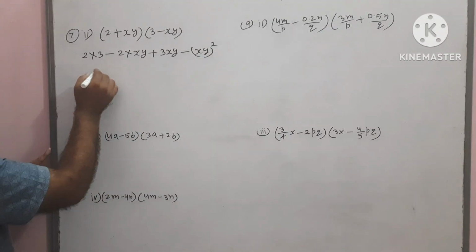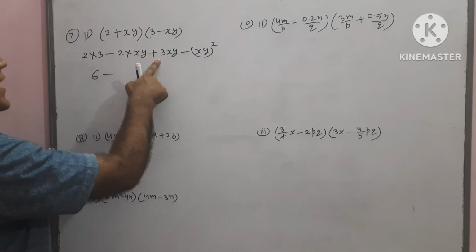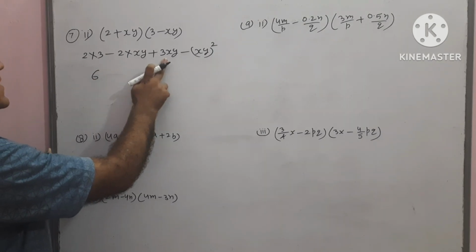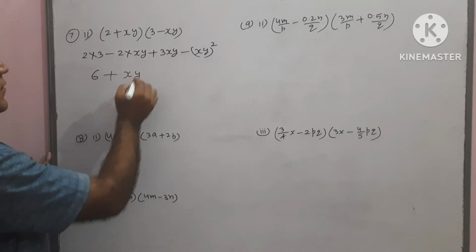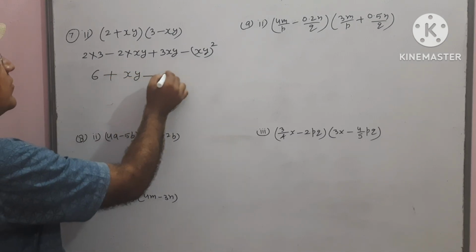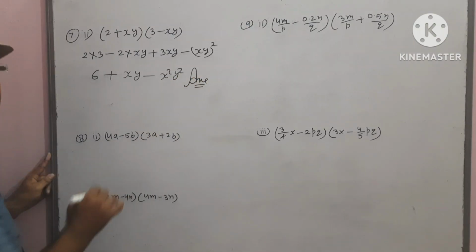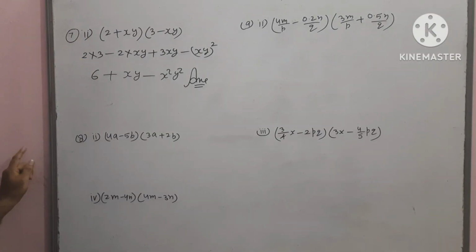Now calculate it. 6 minus 2 and plus 3. Notice here, this is minus 2xy, this is plus 3xy. So plus xy will remain here, minus this will be x square into y square, and this is your answer. So without using identity also we can multiply in this way.